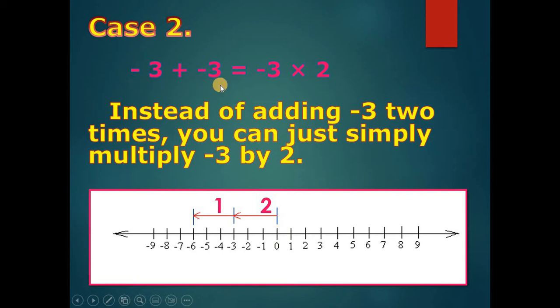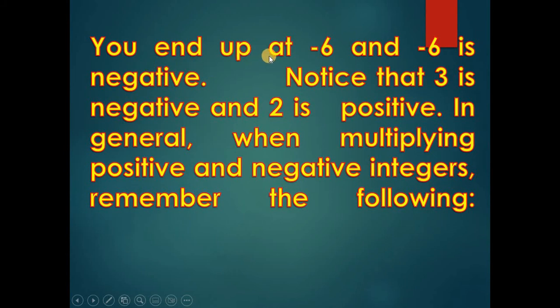Since negative 3 siya, dalawang negative 3, so we will move to the left kasi negatives. So, 3 units. So, 1, 2, 3. 1, 2, 3. So, nag-end tayo sa negative 6. Okay. So, you end up at negative 6. And 6 is a negative. Okay, obvious na negative.